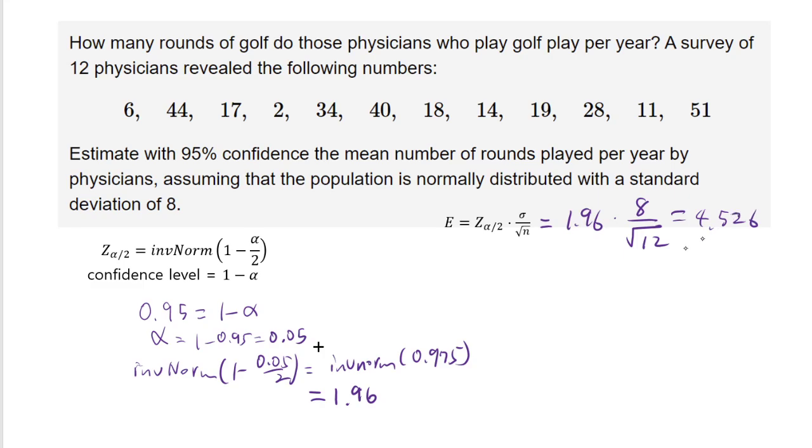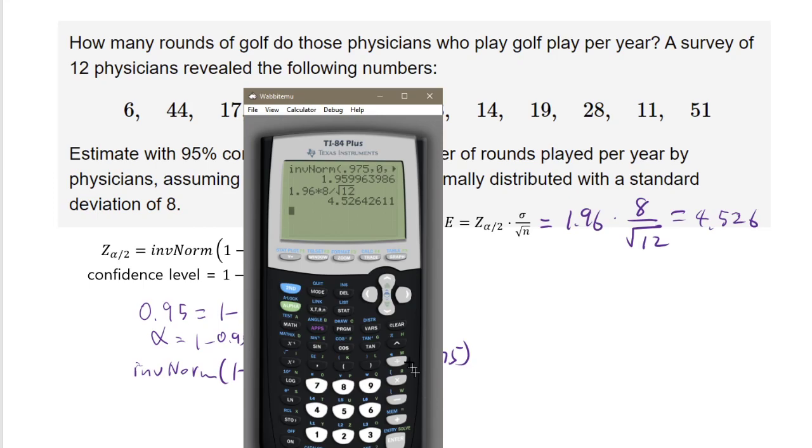Now what remains is we need to calculate the average of our data, and there are two ways. One is to just add everything and then divide by 12. That will be one way to do it. But I also want to show you how to use the TI calculator to input the table.